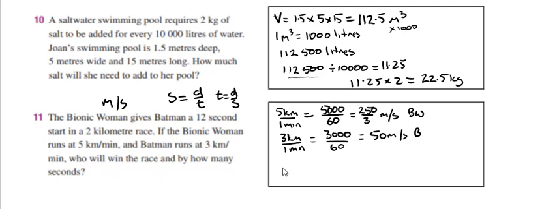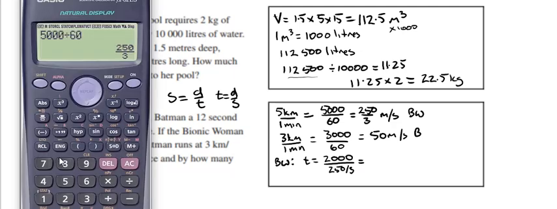So for the Bionic Woman, time it takes is 2,000 meters, which is our 2 kilometers, divided by 250 over 3. And on our calculator, I'm going to do 2,000 divided by 250 over 3, which gives me 24 seconds.